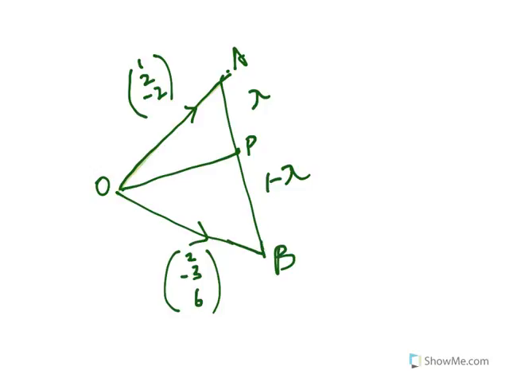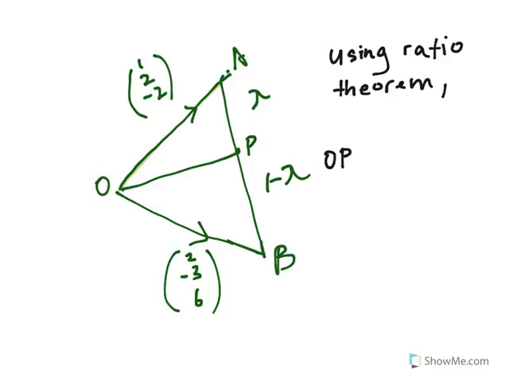So from here, is it possible to find the position vector OP? Yes, you can use the ratio theorem. Using the ratio theorem, the position vector OP is equal to, and remember the ratio theorem is a crisscross, lambda goes with this and 1 minus lambda goes with that.